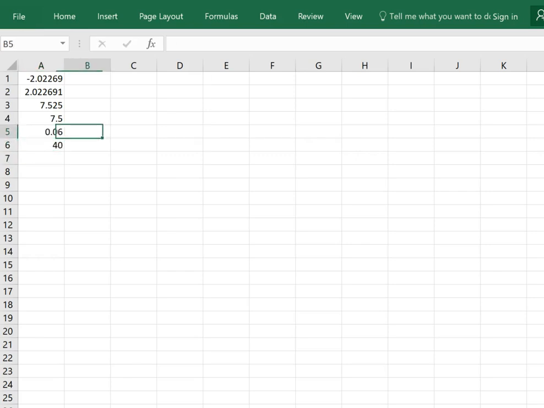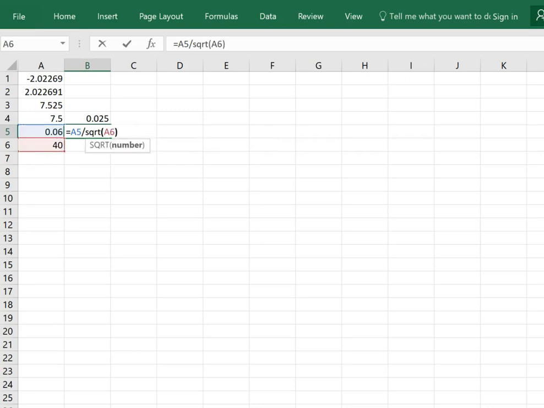So what do I have? In my numerator, I've got my observed value minus my hypothesized value in my null. So it's a positive 0.025. It's going to be to the right-hand side of my distribution. And then in my denominator, I take my sample standard deviation divided by the square root of the number of observations that we had.